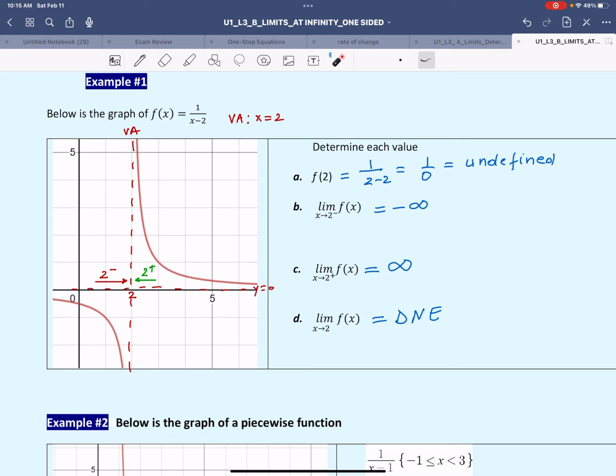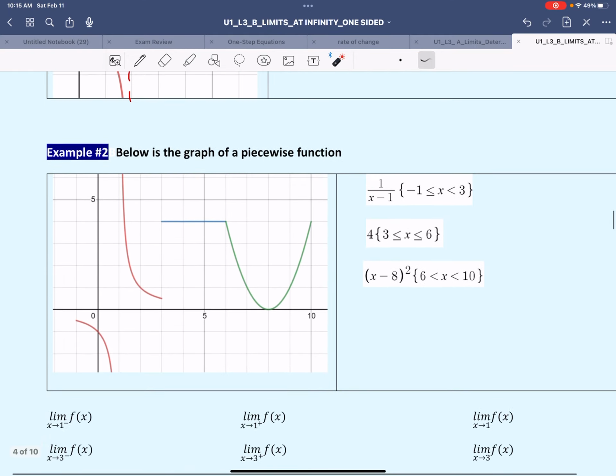So the function is not approaching a specific y value, but it is approaching actually two very opposite y values that are far apart from each other. So we don't have a definite number that we can say the limit equals, and that's why we say that when left and right hand limit are not equal, that means the limit at that point doesn't exist.